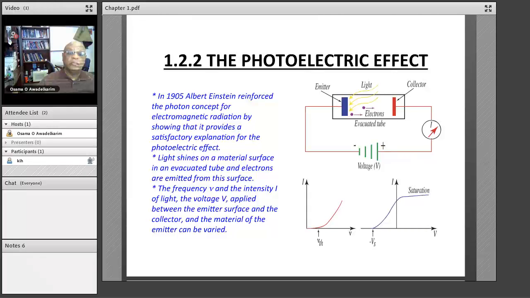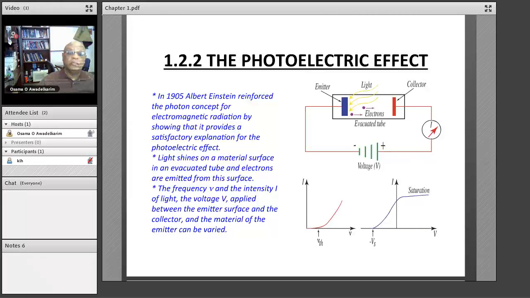We established that we can look at electromagnetic radiation as waves, and that's the common perception of it: electromagnetic waves with frequency and wavelengths, etc., and it shows all the wave properties from diffraction, interference, and different properties. We also said that electromagnetic radiation could be regarded as particles.